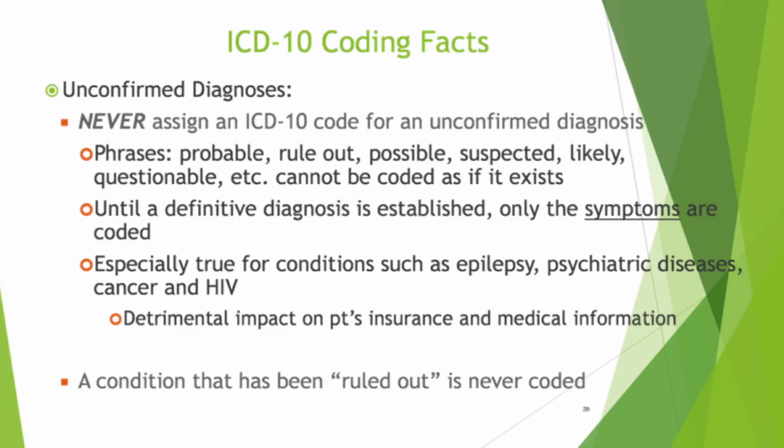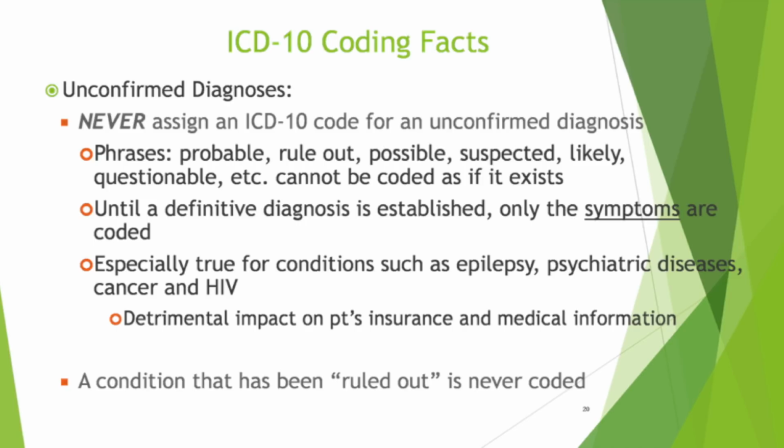Here are some golden rules when it comes to assigning ICD-10 codes for a visit, which, by the way, are usually available in EMR systems as a keyword search in a drop-down menu format. Number 1, never assign a diagnosis code for an unconfirmed diagnosis. If you are not sure and you are using words like probable or suspected or questionable for a diagnosis, you need to use the symptoms for coding, not the presumed diagnosis.